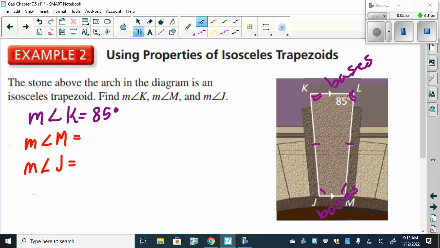So what do we think we can do? Yes. What do we know about two angles that are between parallel lines? They're not going to be equal.